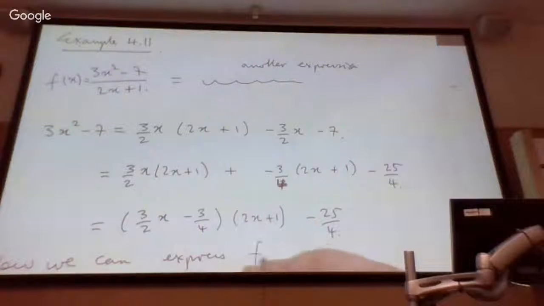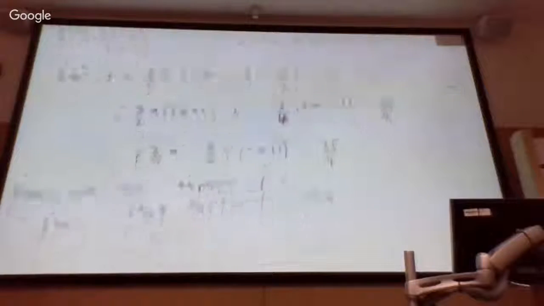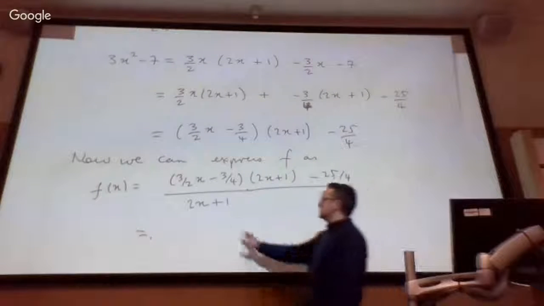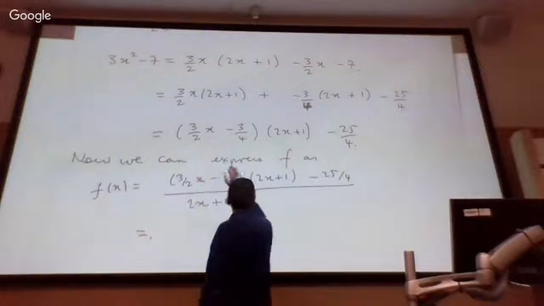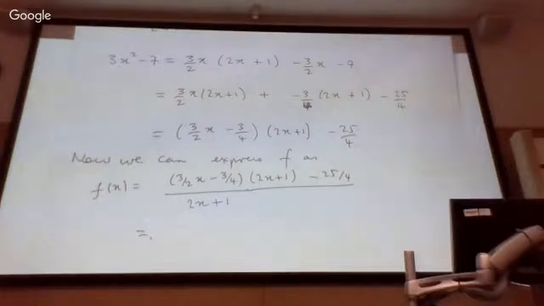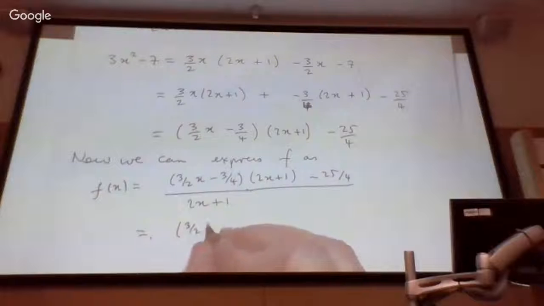now we can express f of x as, my denominator is still 2x plus 1, but now I have this expression in the numerator: 3 over 2x minus 3/4 times 2x plus 1, minus 25/4. Now I regard the denominator as just one chunk, but I've got 2 bits in the numerator, so I can separate the fraction, just using the rules for addition of fractions.